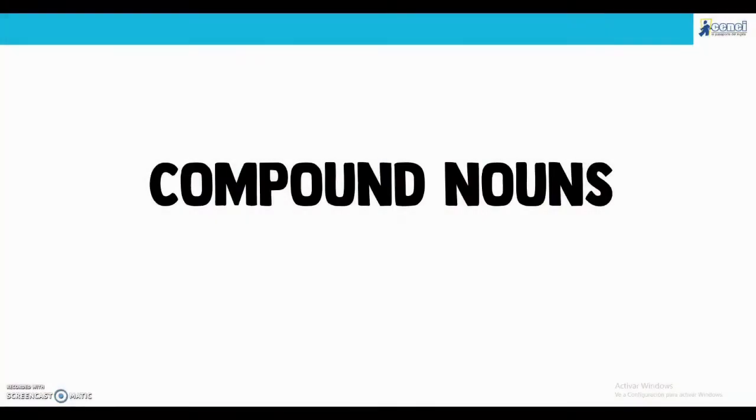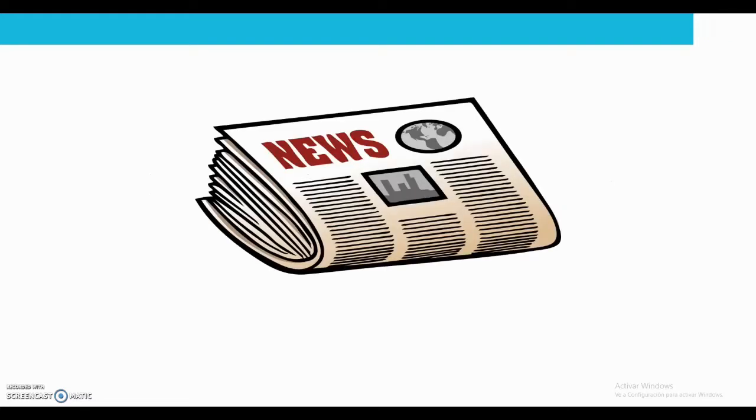Okay guys, now we're going to see compound nouns. To refresh your memory about the topic, I'm going to start by showing you some images, and I want you to think about the name of each object. First we have this one, that is a printed publication that contains news. So your answer should be newspaper.